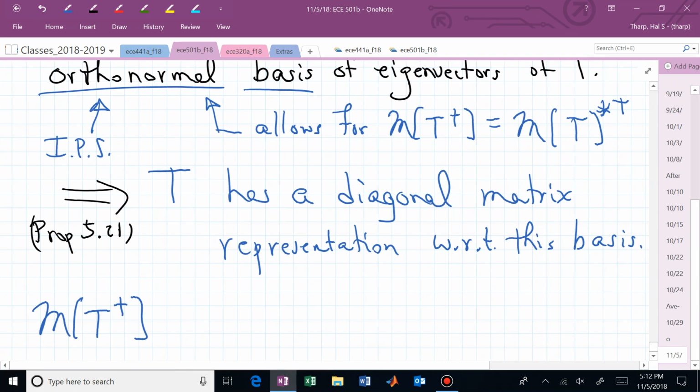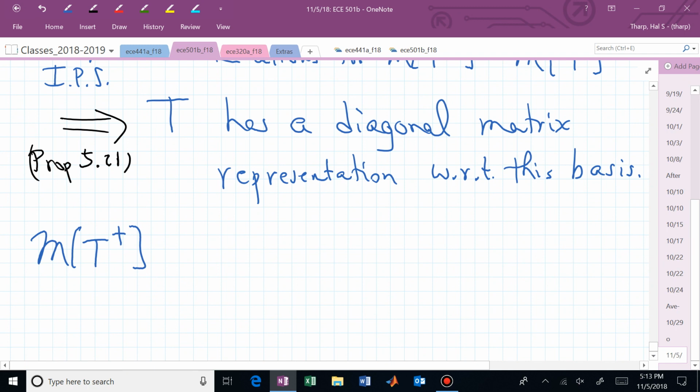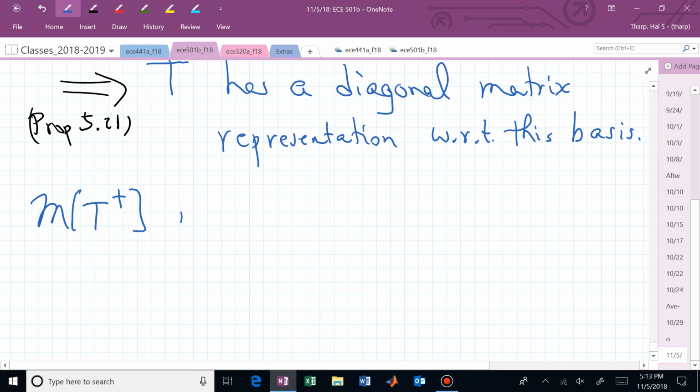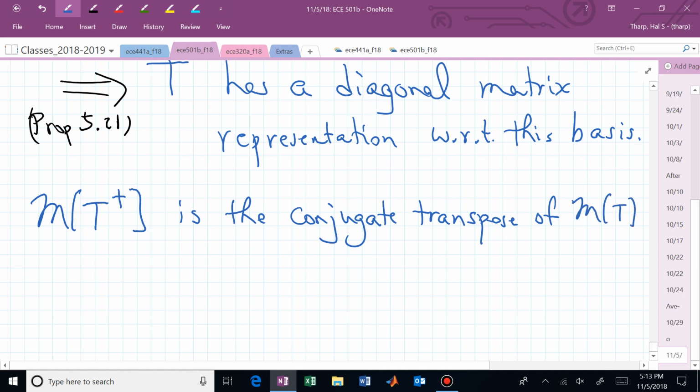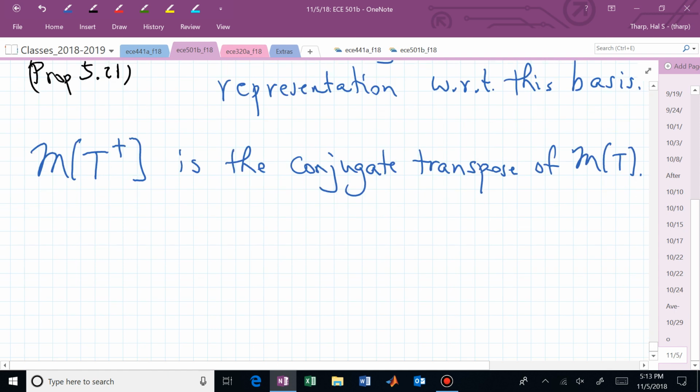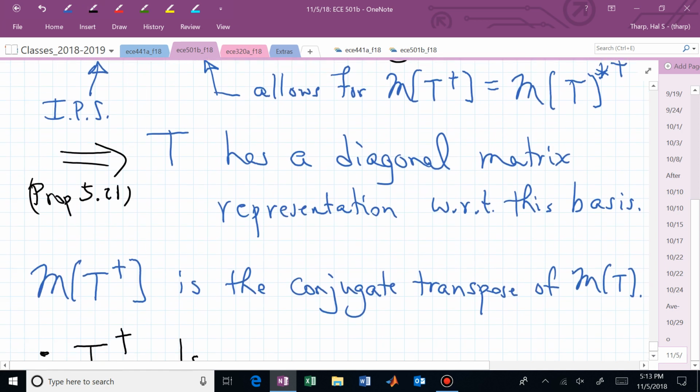So we're using all of this, or it's built in with this information. So now the matrix representation of T dagger is the conjugate transpose of the matrix representation of T. Therefore, T dagger, what does it look like if we know what T is? T has a diagonal matrix representation.